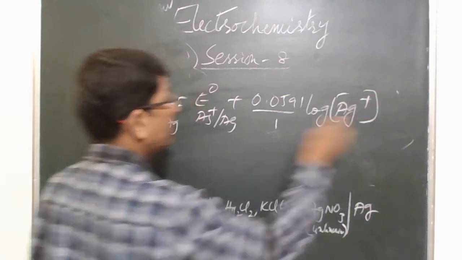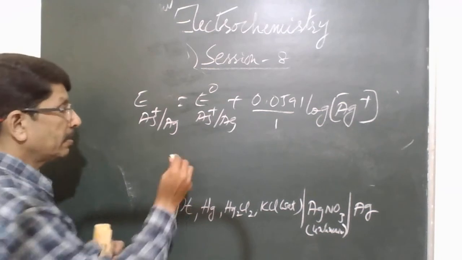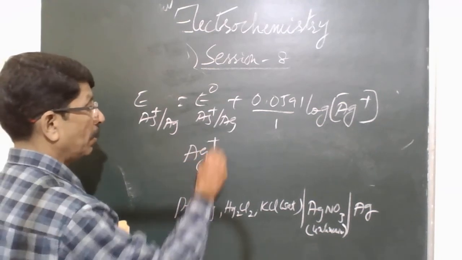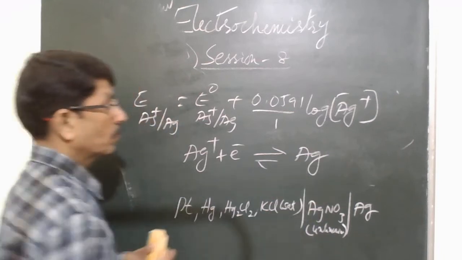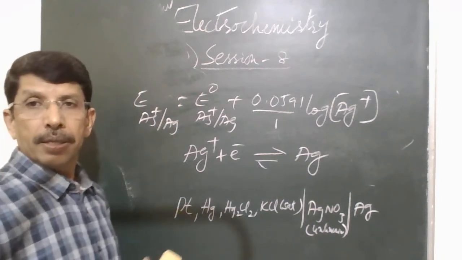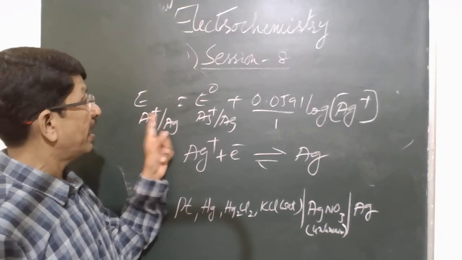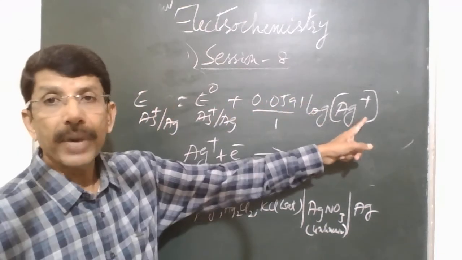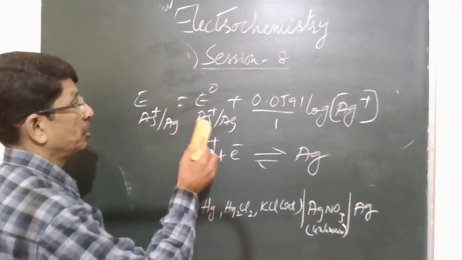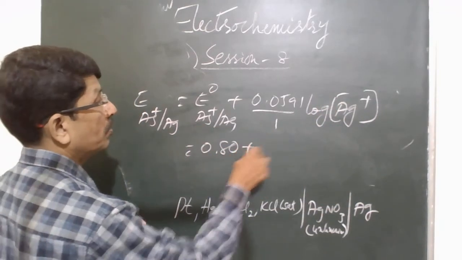This is the Nernst equation for the electrode potential of the silver electrode, because at the silver electrode the reaction that occurs is this. Okay, therefore when you look at the electrode potential, the silver electrode depends upon silver ion concentration, and E naught of silver is 0.80 volts.